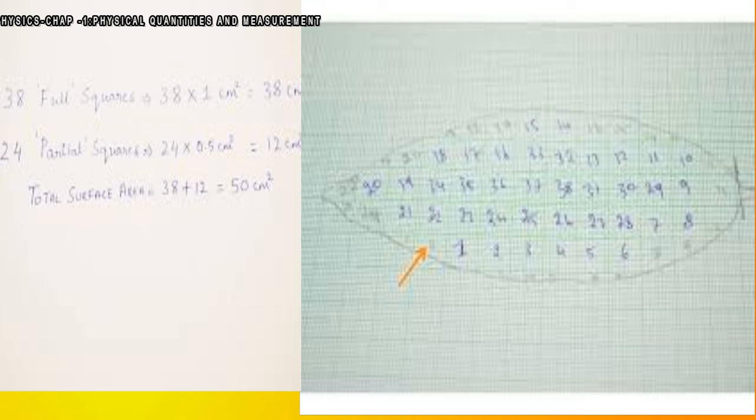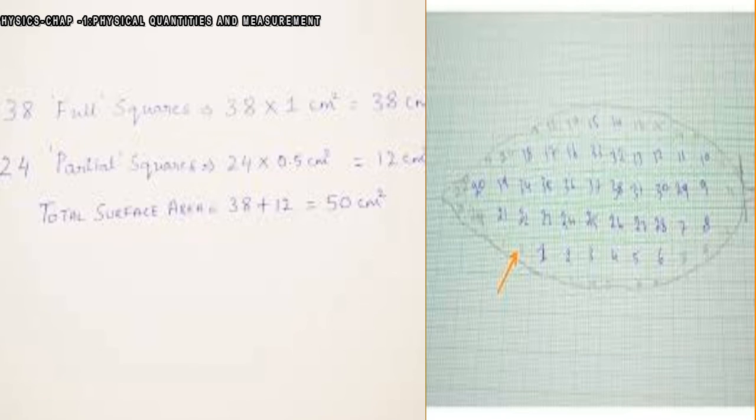Now let us see how to calculate the surface area. What we see is we have 38 full squares of 1 centimeter square. So that is 38 into 1 centimeter square equals 38 centimeter square. And we have 24 partial squares.